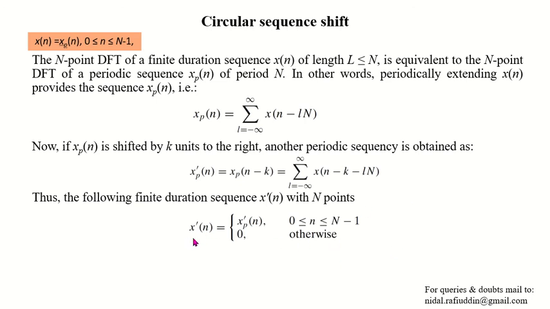So we now obtain a sequence x'(n) having N points, where n is from 0 to N minus 1, and that will be representing xp'(n), and for all other values of small n, this will be 0. So from the periodic sequence xp'(n), we obtained another sequence which is not periodic and is not defined for infinite duration.